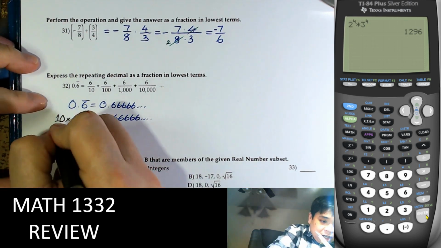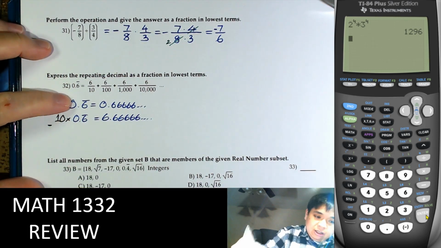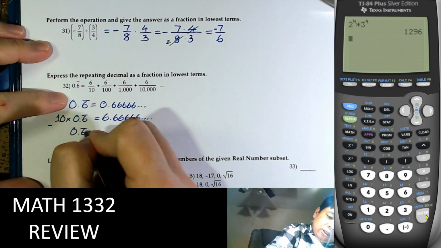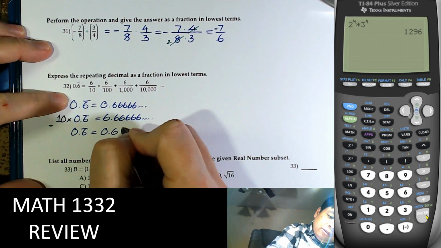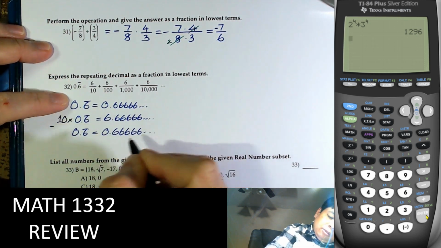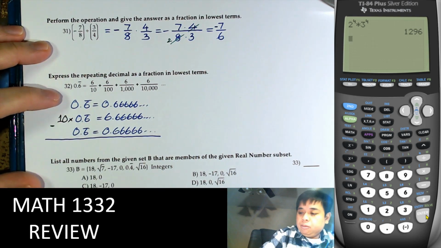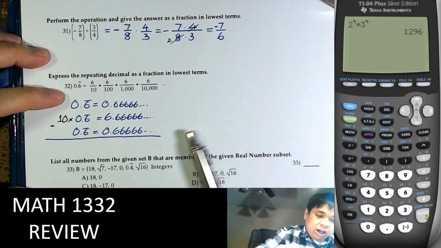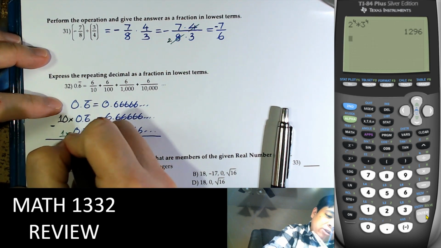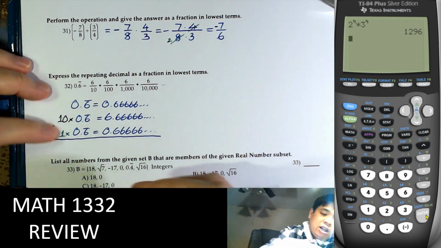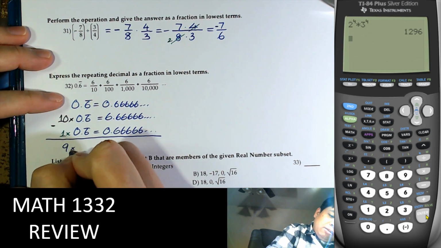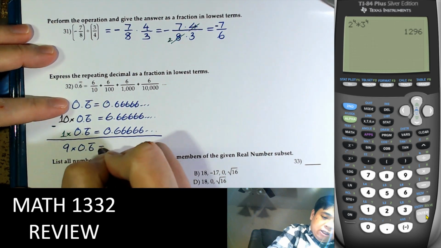If we just subtract the original number of 0.6, and now we subtract. Notice this is like 10 of something minus 1 of something. 10 minus 1 is 9, so we have 9 times 0.6 repeating.